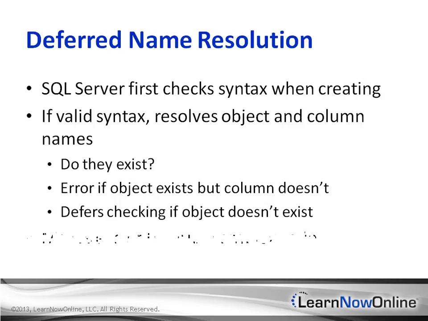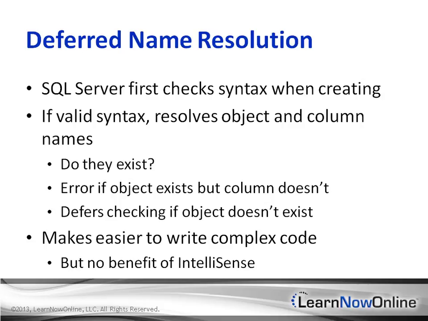So this is called deferred name resolution, and it makes it easier to write complex code because you don't necessarily have to create objects before you write the code that uses them. You won't, though, have the benefit of IntelliSense in Management Studio and the various designers until the objects exist.